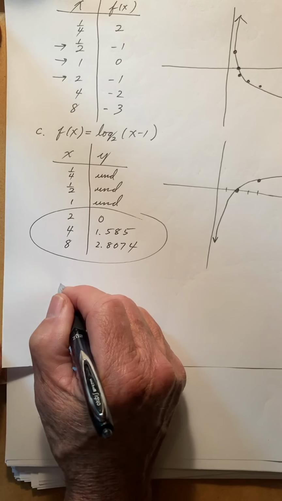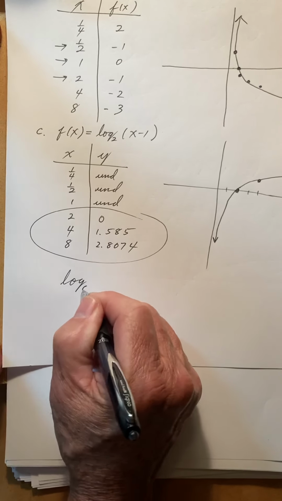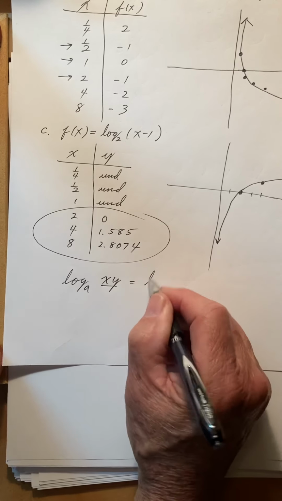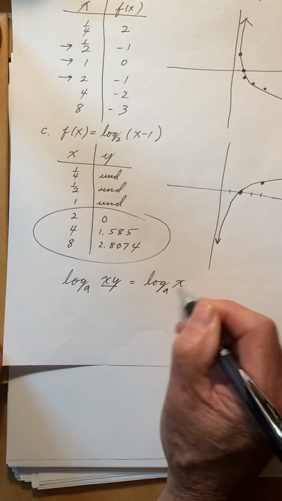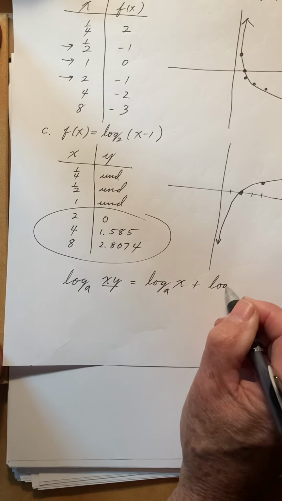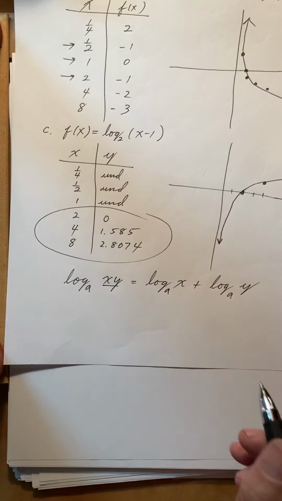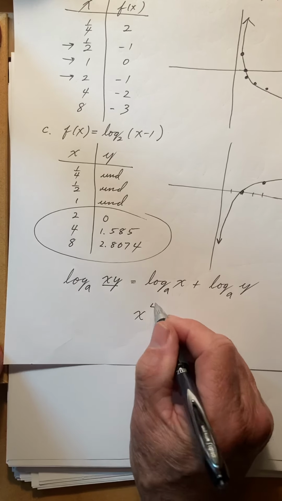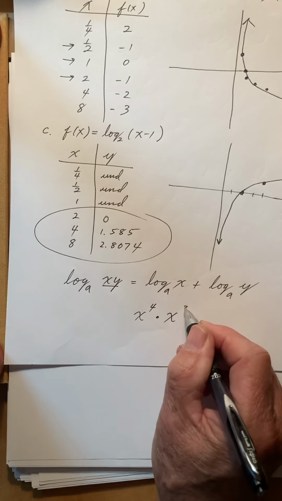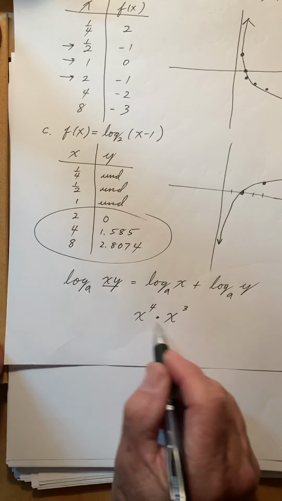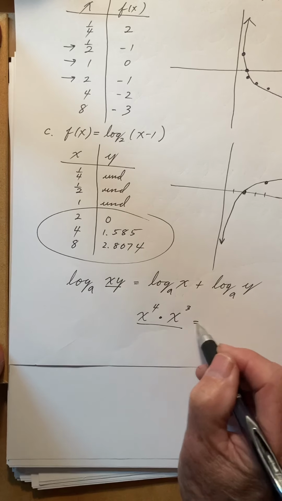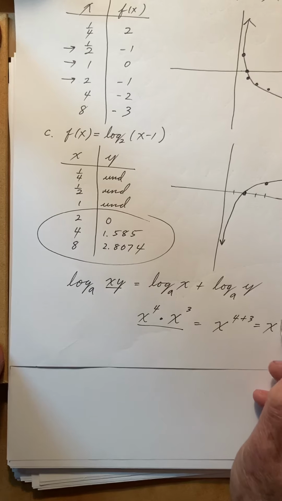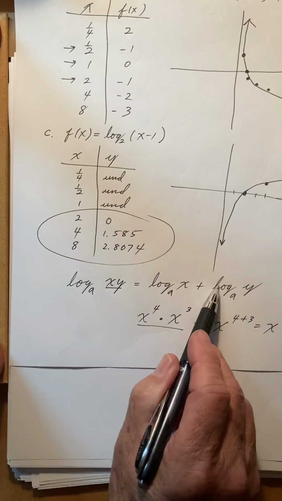So the product property says that the log base a of xy, which is a product, is log base a of x plus log base a of y. It's the same thing as if you have x to the 4th times x to the 3rd. This is a product, and you add the exponents, x to the 4 plus 3, and get x to the 7. So product means addition.